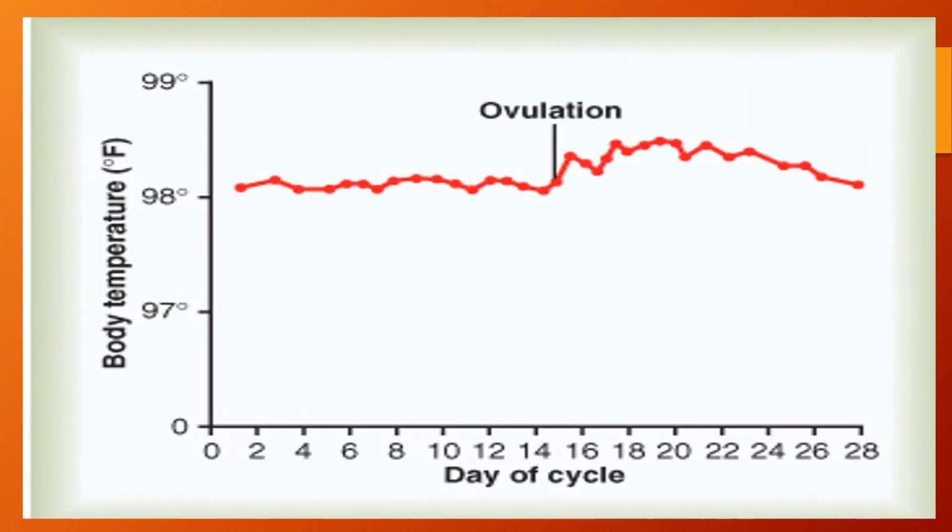And this slide will show us the relationship of the temperature during the menstrual cycle, otherwise called your basal body temperature. Okay, so there is a sudden increase of your temperature after the onset of ovulation, and it will now be sustained and goes down at day 28 to your pre-ovulatory temperature.